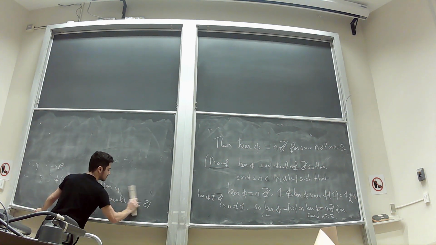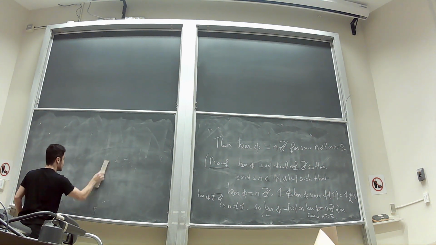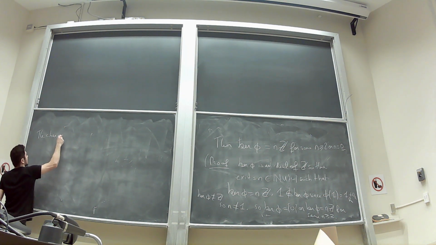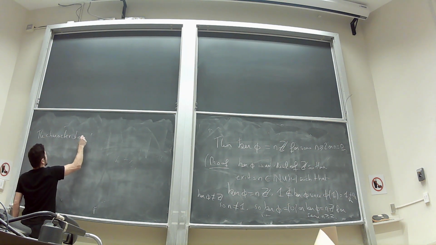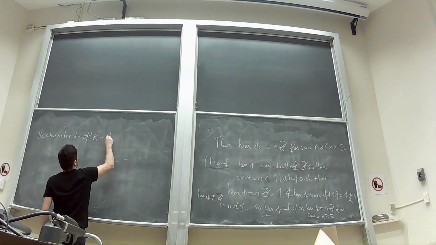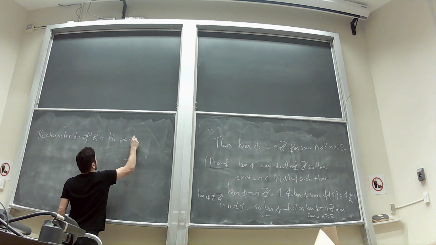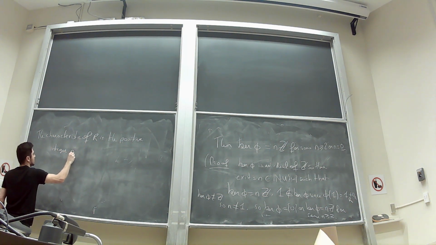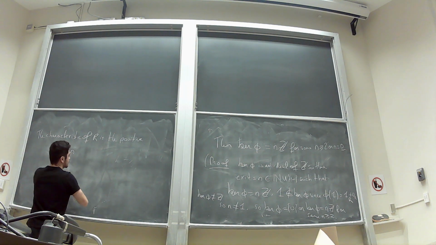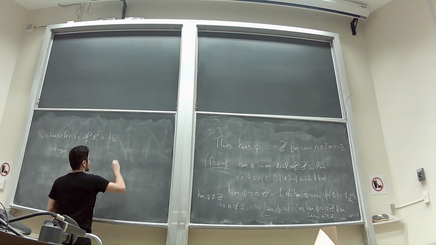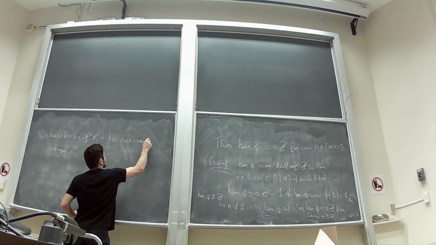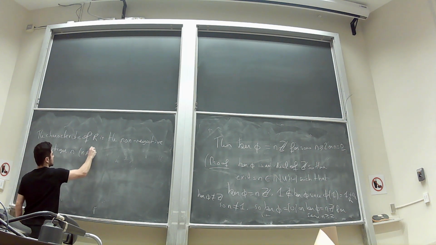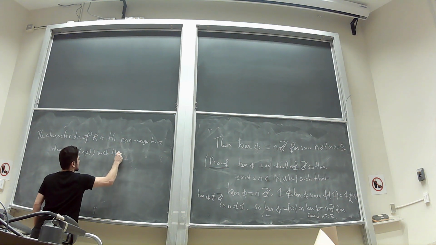Now, the characteristic of R is the positive, or non-negative, let's say the non-negative integer n, of course different than 1, such that the kernel of phi is nZ.